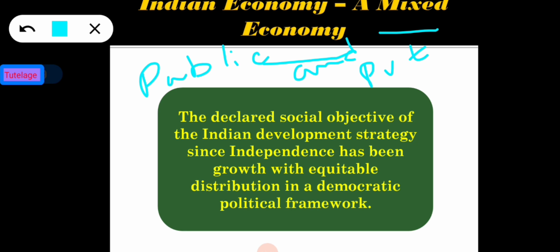So in a mixed economy, both systems are included. A system of mixed economy has coexistence of the public sector, that means the governmental sector, and the private sector. So I think this is clear.